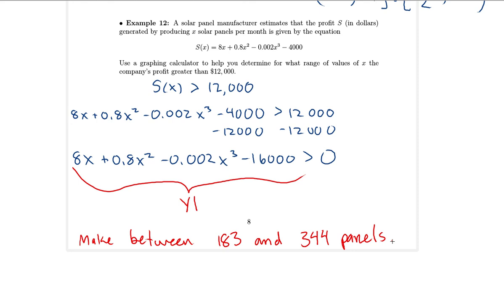So that would just be one example of how this might make some sense. But at any rate, we can use technology to help us here, using these same principles of, okay, let's get everything on one side, the other side 0, and then find the zeros as we did earlier on with polynomials.